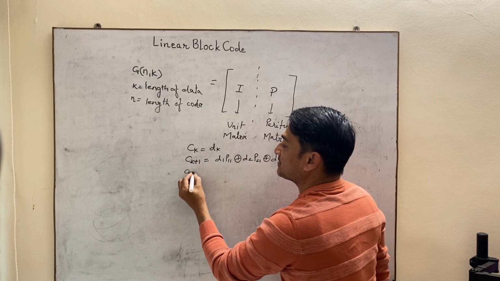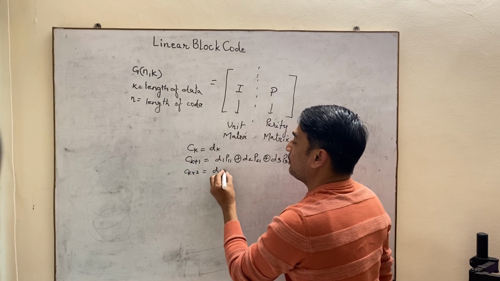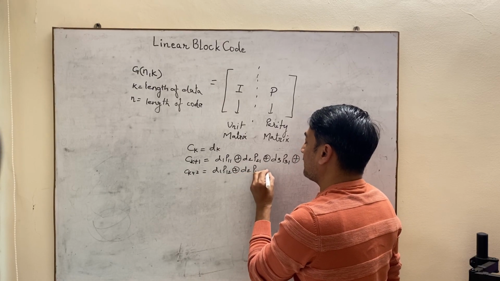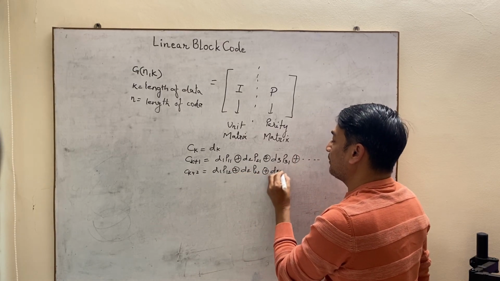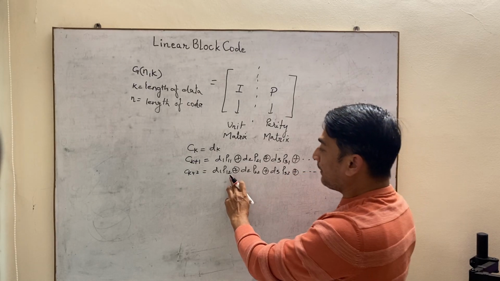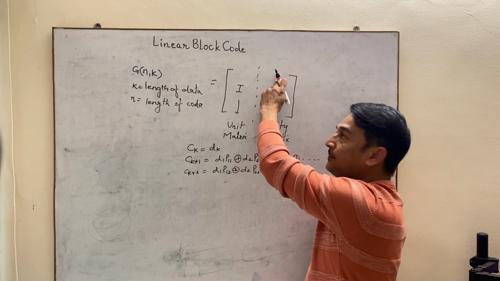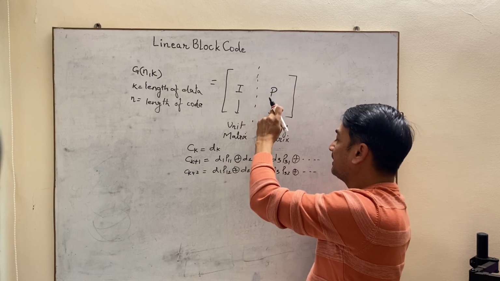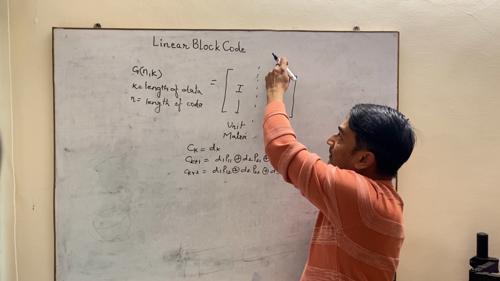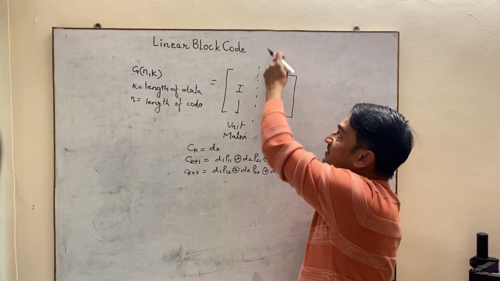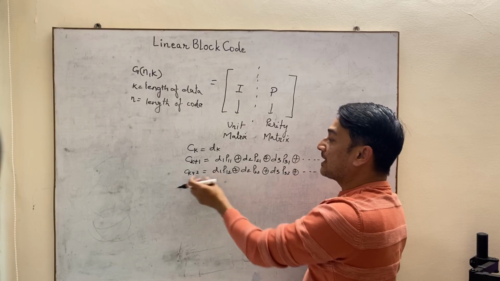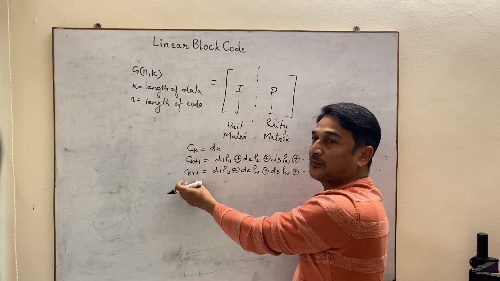Similarly, C(k+2) will be d1 into p12 XOR d2 into p22 XOR d3 into p32, and so on. p12 means first row second column, p22 means second row second column, p32 means third row and second column. So the second column of this parity matrix is used for the calculation of the C5 bit.